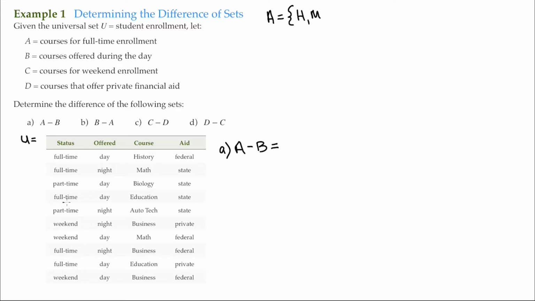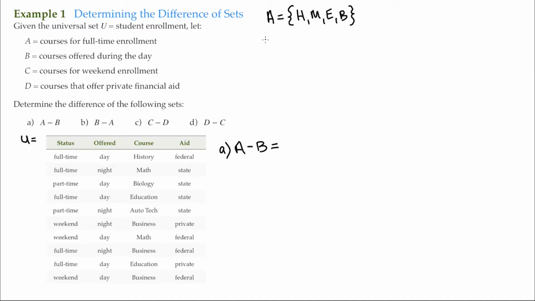Here's full-time, education. Full-time here, that's business. And then full-time here, education again. We wouldn't repeat education because don't forget that the cardinal number of elements is the number of distinct elements, so there's no need to repeat it. So I'm just going to close off my curly bracket there.